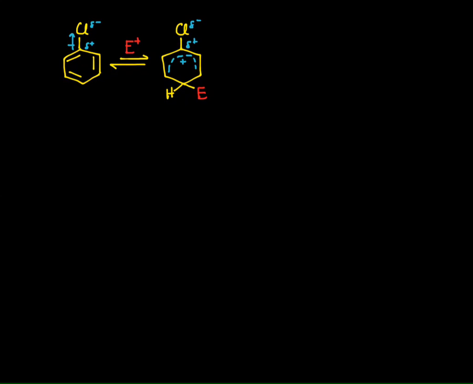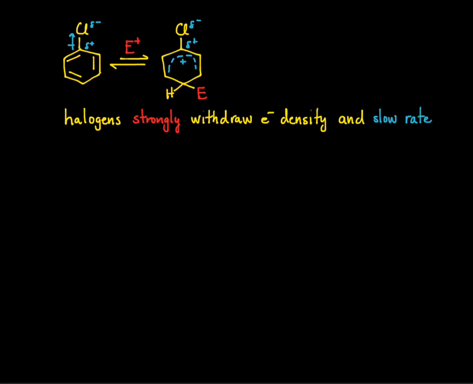So this positive interaction is going to raise the activation energy, and it slows the reaction down. This strongly withdrawing power of halogens slows the rate of the addition of the electrophile. In essence, it's suppressing its nucleophilicity.